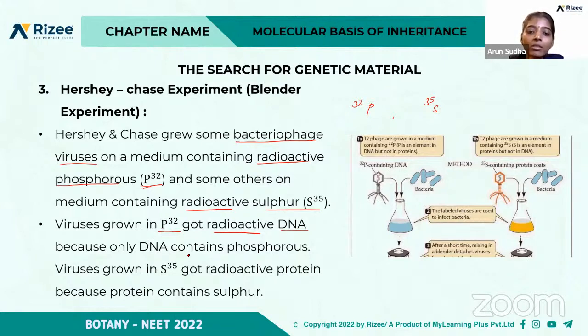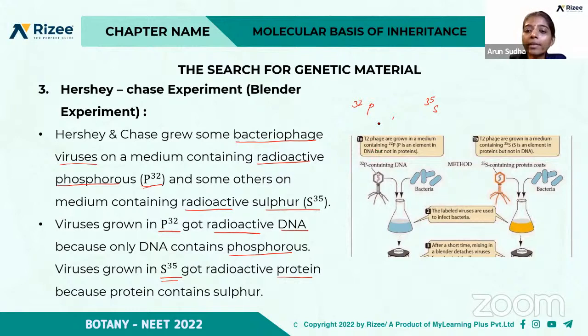The viruses grown in P32 got radioactive DNA because only DNA contains phosphorus. And viruses which are grown in S35 got radioactive protein because sulfur is a part of protein, right? So the viruses grown in S35 got radioactive protein.